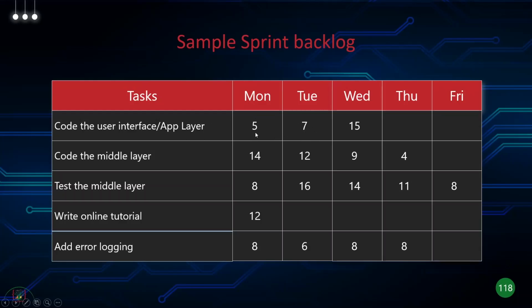And this is not for one person, mind you, this is for the whole team. So let's say you have a team of 5 people, right? So you said the whole team will spend about 5 hours working on the story, code, the user interface app layer on Monday. The team will then be spending 7 hours on Tuesday and then 15 hours on Wednesday on doing the story.